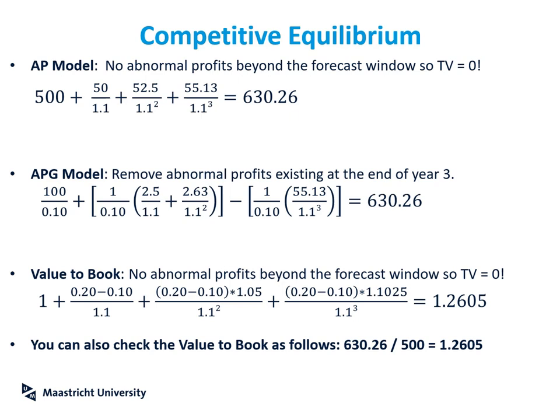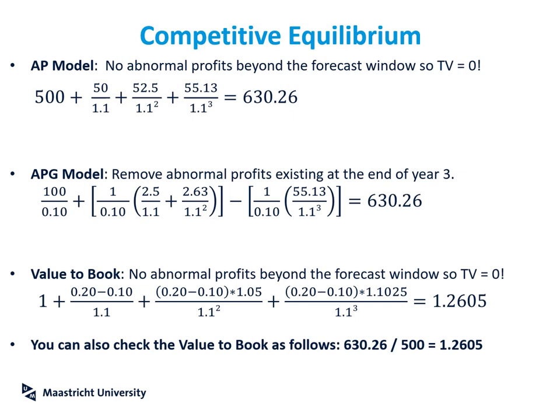We add to that the abnormal profit growth over the forecast horizon, the 2.5 and the 2.63, and we say that that continues indefinitely. And we also have the negative abnormal profit growth in our terminal value window, the minus 55.13, which if it's gone, it's also gone forever. And you will see that the value that you get is the same as what we had under the abnormal profit model.